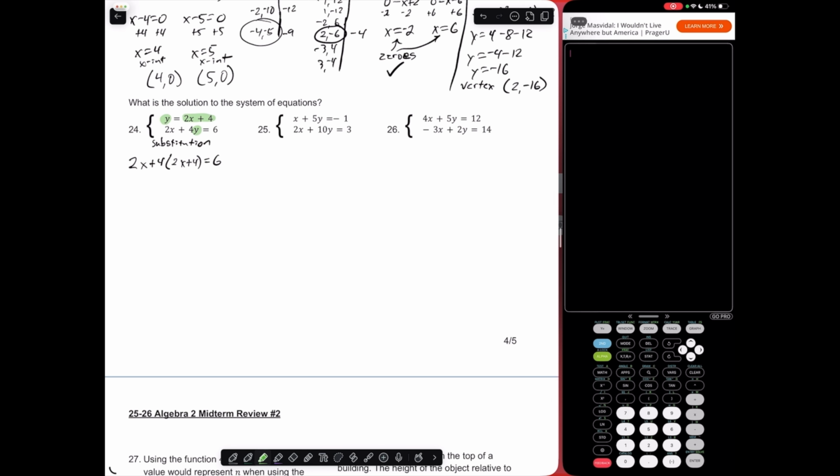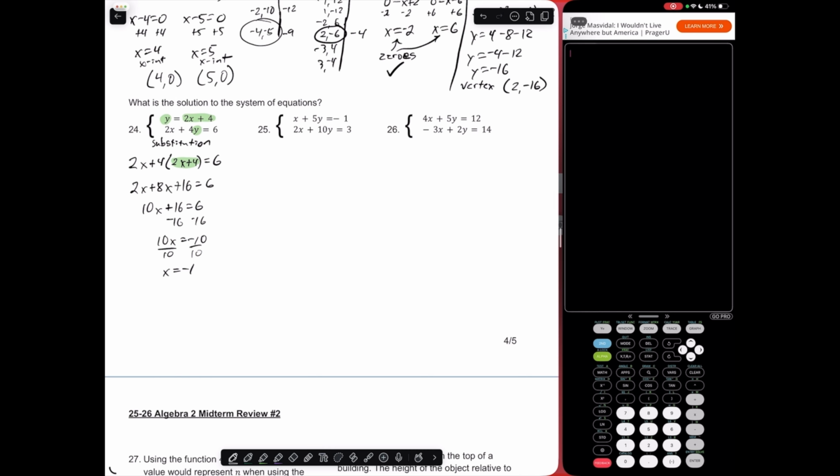That's just a coincidence. It won't always be the case. So we have 2x plus 8x plus 16, 10x, negative 10 divided by 10, x equals negative 1.